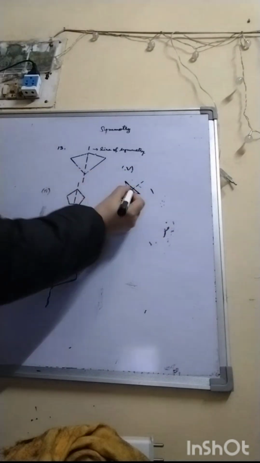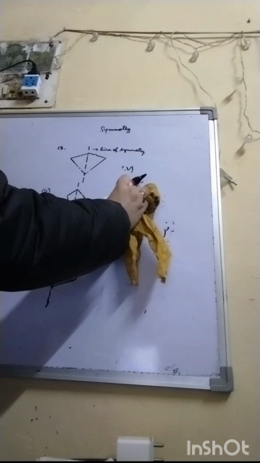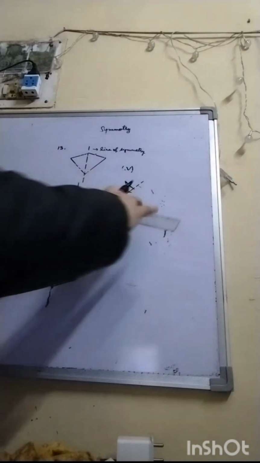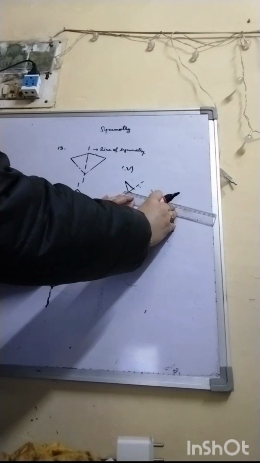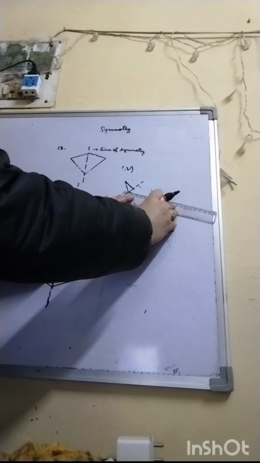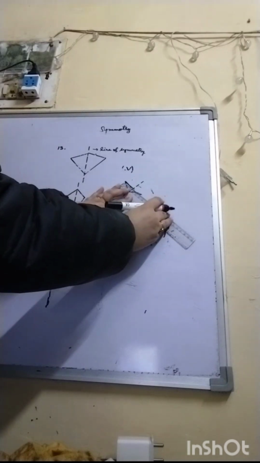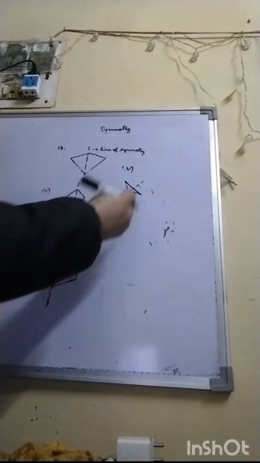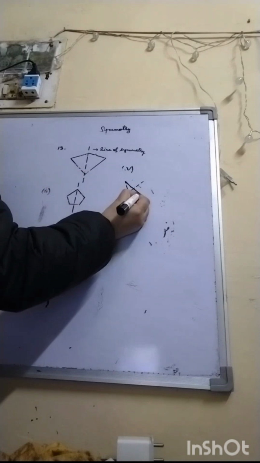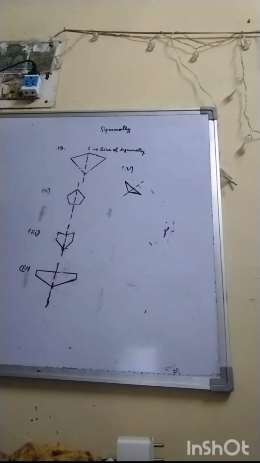So you get the line of symmetry. This is the line of symmetry.